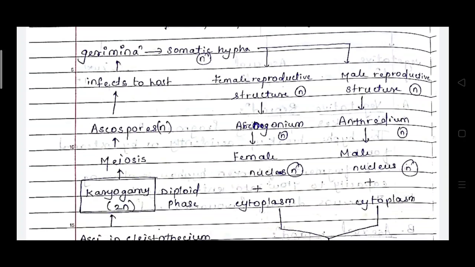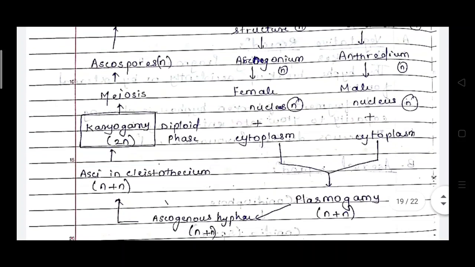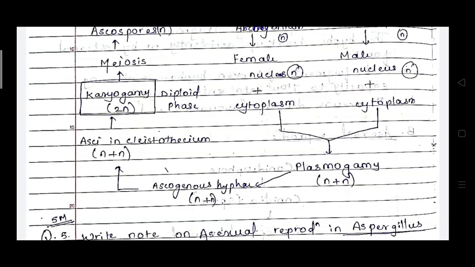In the male reproductive structure, the antheridium is present, and in that antheridium there are the male nucleus and cytoplasm. When the female cytoplasm and male cytoplasm unite in plasmogamy, there is the formation of N plus N.